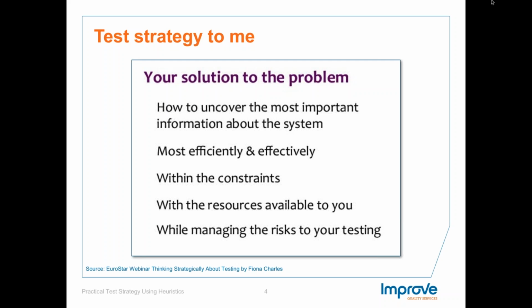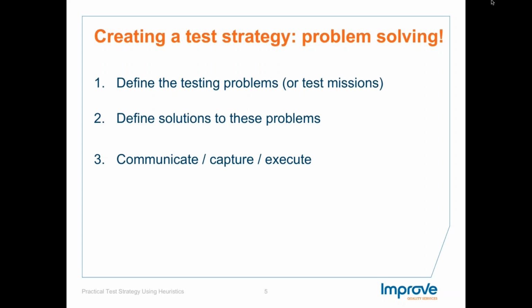How do you create a model for your testing? I like to approach this as problem solving. So I'm thinking about missions or problems, like what kind of information do we need, where are the biggest risks, and what does our product owner want to know, and while doing that, I try to define solutions for them.